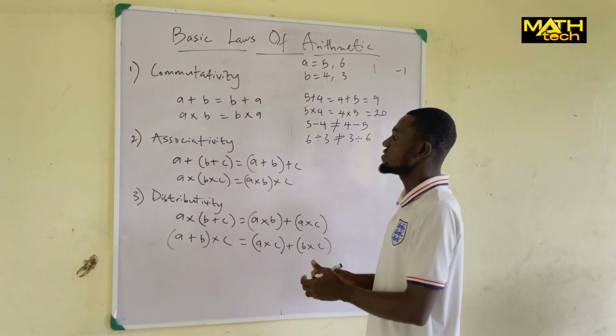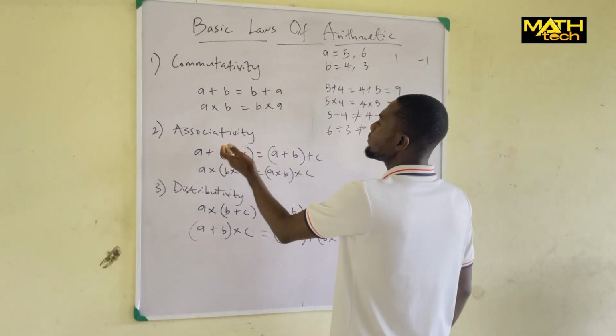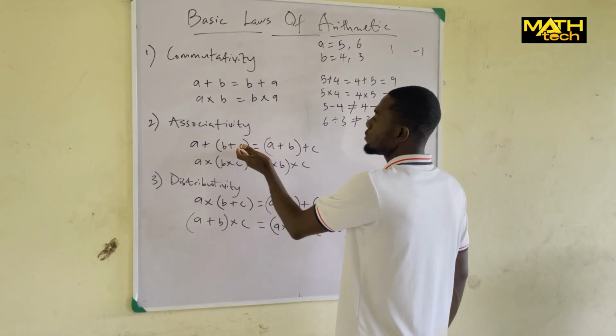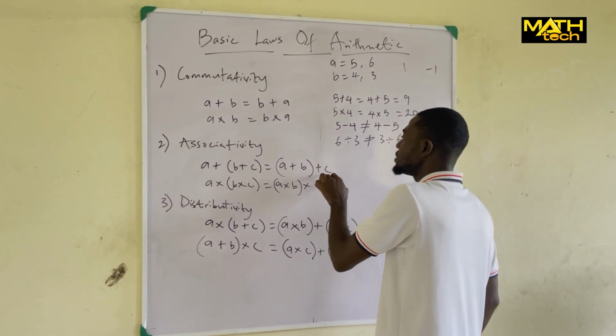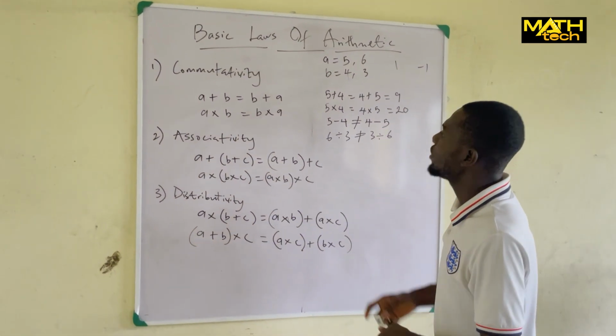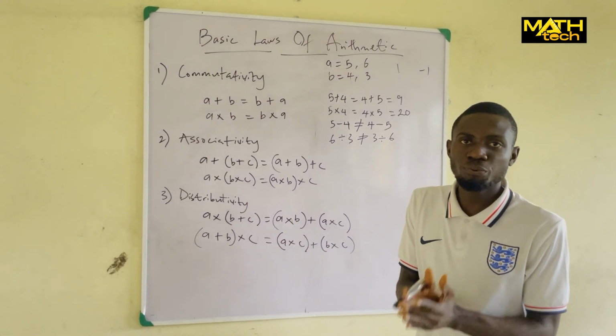Now talking about associativity, here we have A plus bracket B plus C equal to bracket A plus B bracket plus C. Now addition and multiplication are also associative operators.